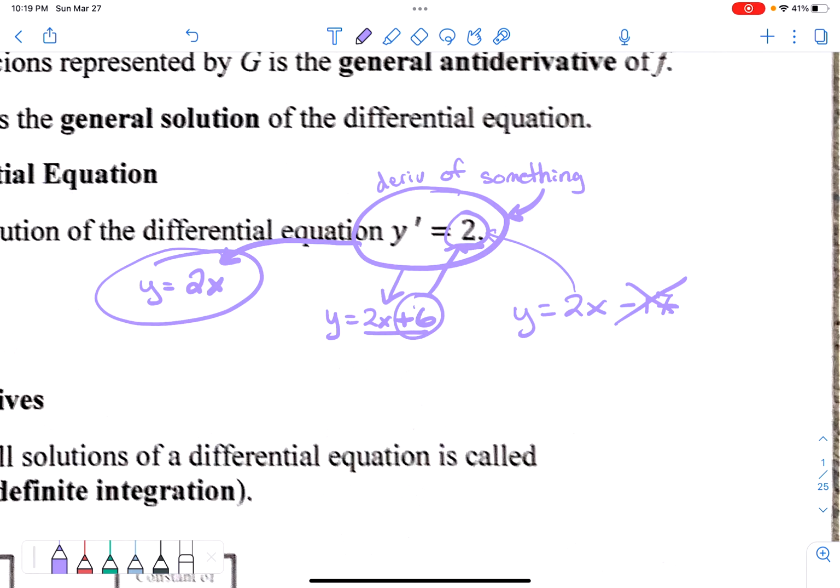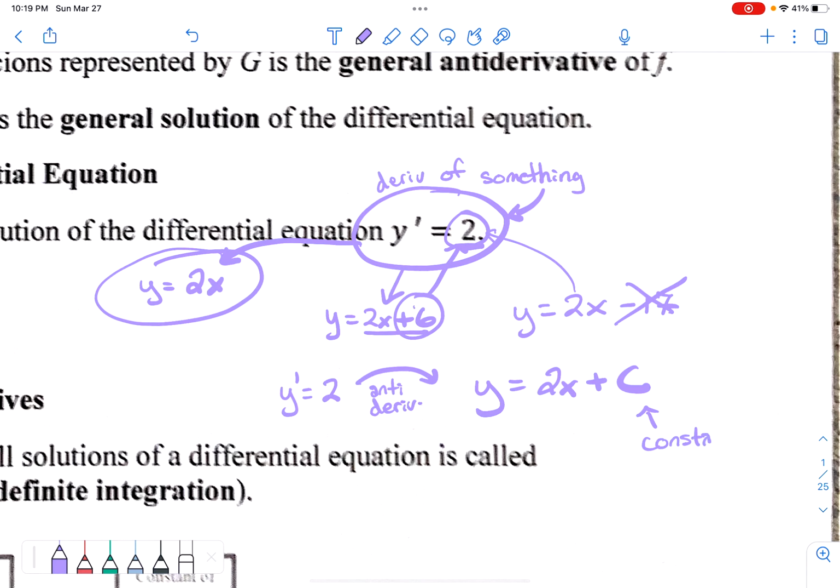So what we say is that when I take the antiderivative of y prime equals 2, it actually becomes y equals 2x plus c, and c stands for a constant, and it's any constant. It's any number that you want to put in that spot, because when you take the derivative and go back this direction, that constant is just going to go away, right?